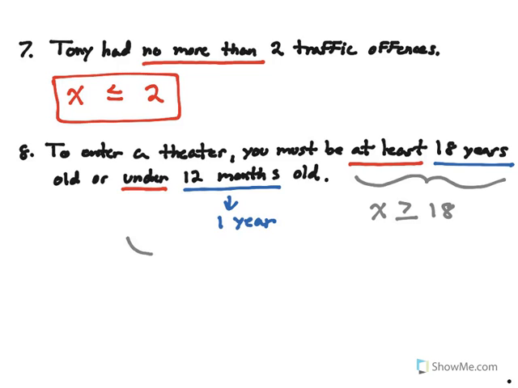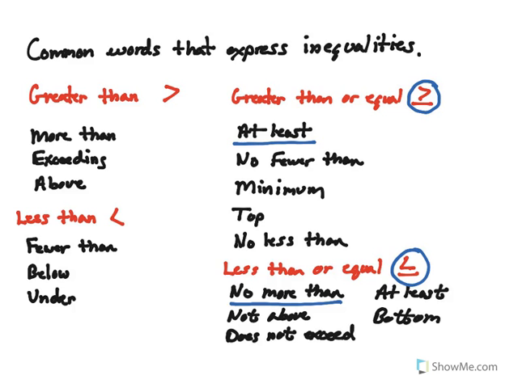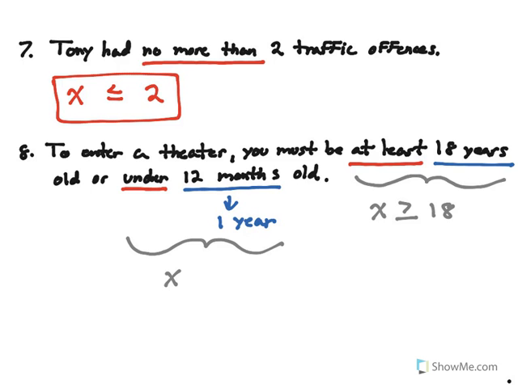And then in order to do this one, we have x, and then we look at the word under, go back. Under is right here, so we're going to use that inequality sign, less than. So we're going to put less than, and then again, instead of putting 12 months, we're just going to use 1. That way the units match, right?